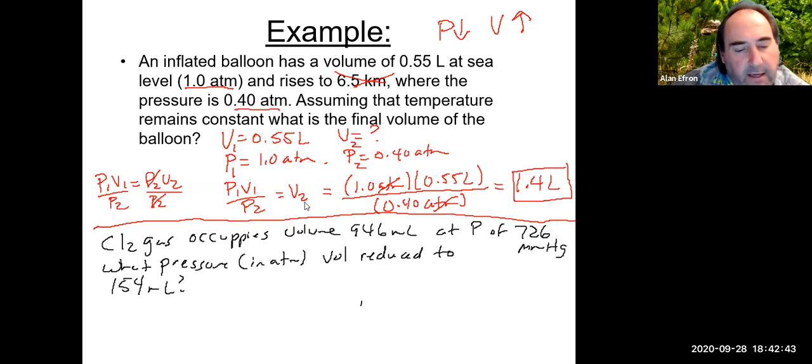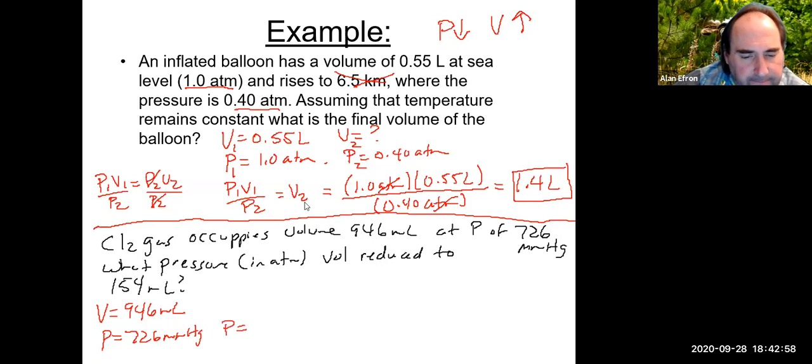Okay, so let's take the same approach. We definitely have a volume that is 946 milliliters. We have a pressure that is 726 millimeters of mercury. We're looking for a pressure, and we have another volume of 154 milliliters. Again, you could almost see Boyle's law when you pull out that information.